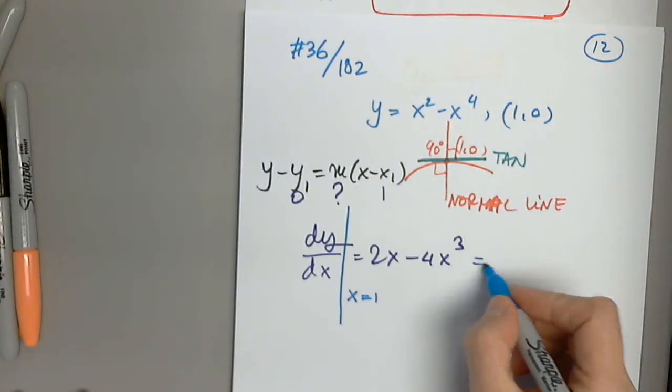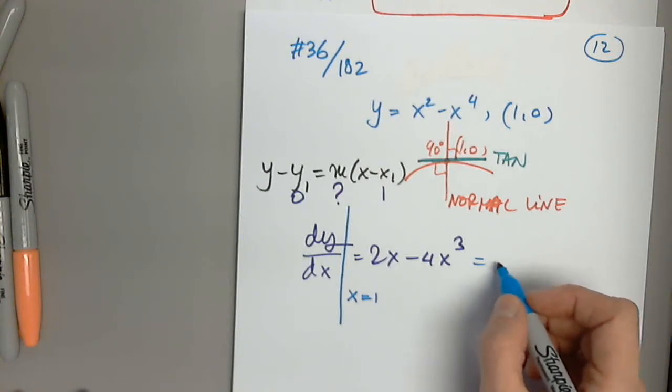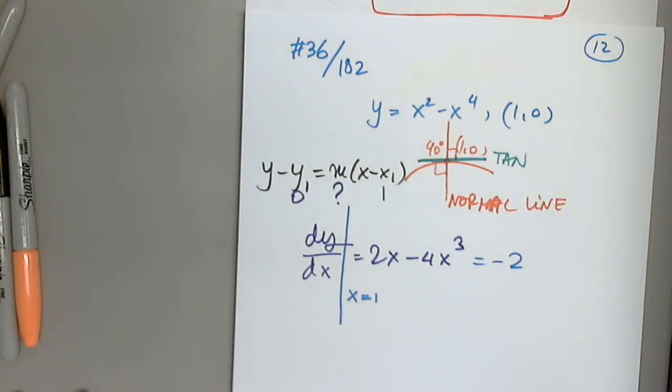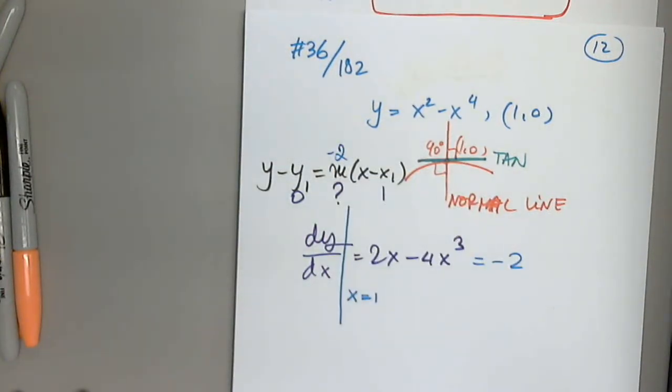So what do we get? One more time. So what is it? Very good. So then the slope of the tangent line is -2.